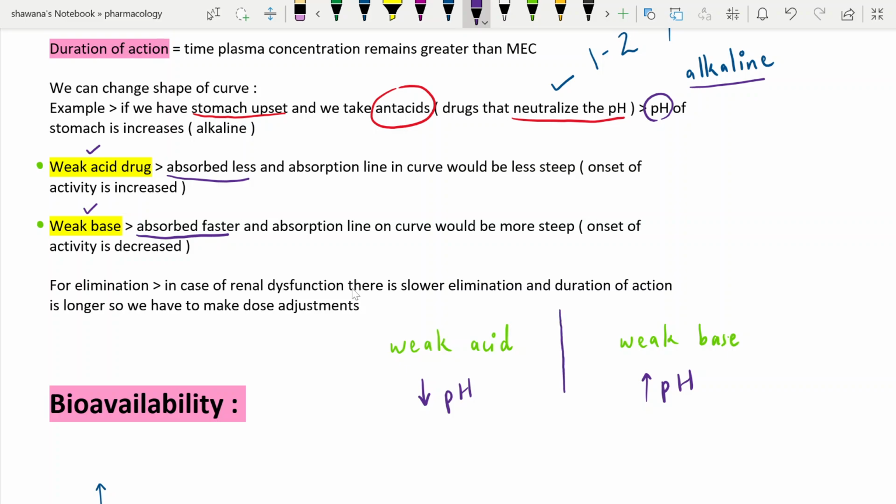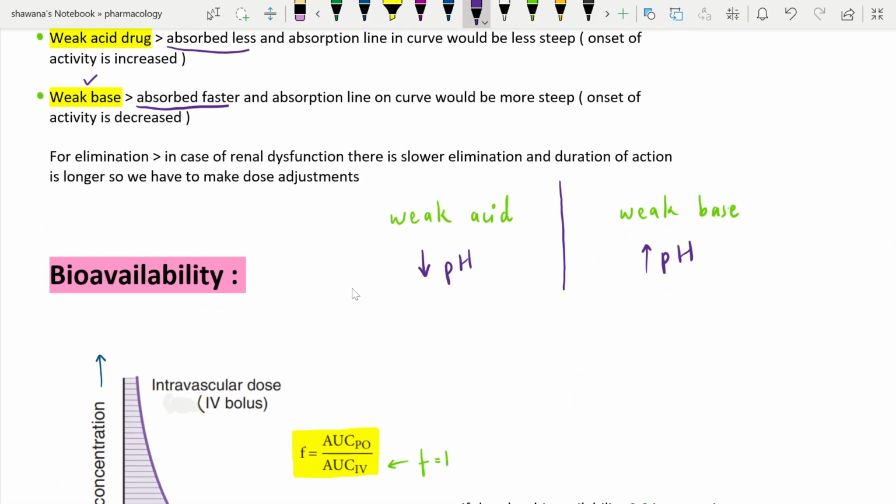So just remember this rule that weak acids are absorbed more in the acidic pH and weak bases are absorbed more in the alkaline pH, and they are eliminated in the pH opposite to their own pH. For example, in the elimination processes, in case of renal dysfunction, there is slower elimination and duration of action is longer.